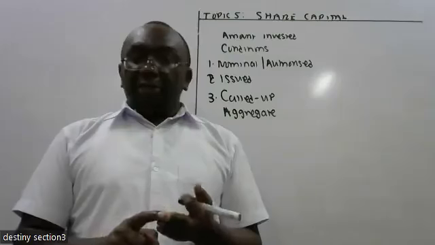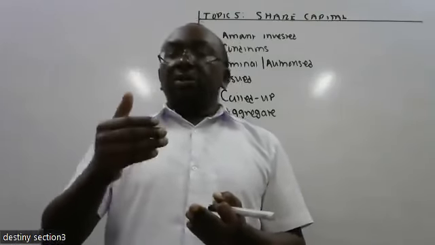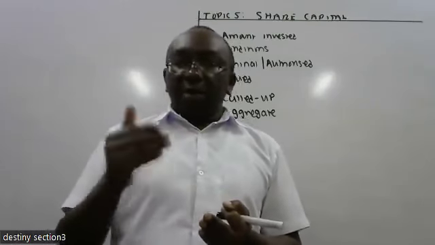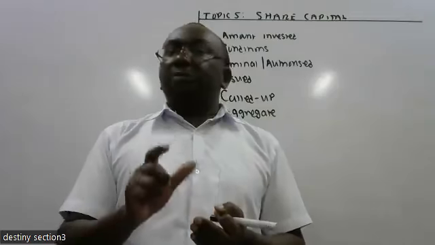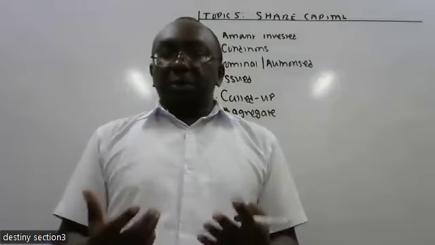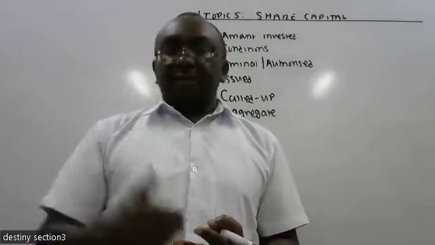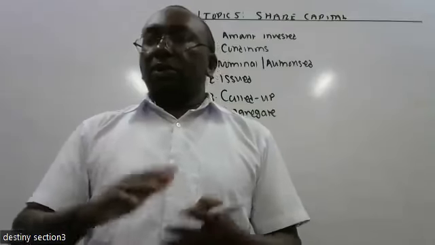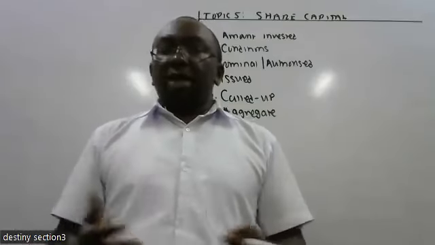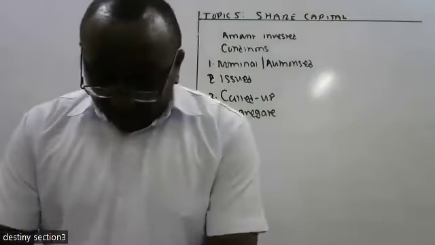The third component of this is any money we expect to receive in future without making a call. And why we shall not make a call is because the date of payment is already specified. So whoever is responsible knows that on such and such a date in future, this is the amount of capital that I'm supposed to pay. So we don't have to call, we don't have to remind. So those are the three components of the called up capital.